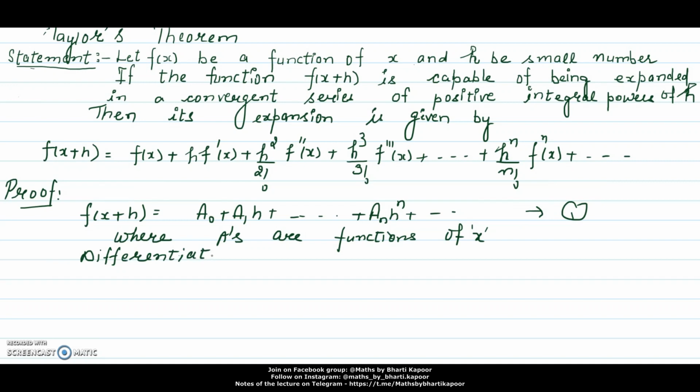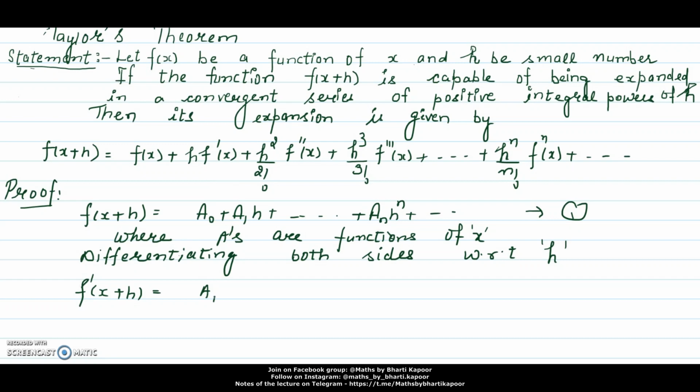Differentiate both sides with respect to h. So on the left hand side we will be having f'(x+h). On the right hand side, a0 is not constant, rather it is a function of x, but we are differentiating with respect to h. So derivative of a0 will be 0 and derivative of h will be 1.